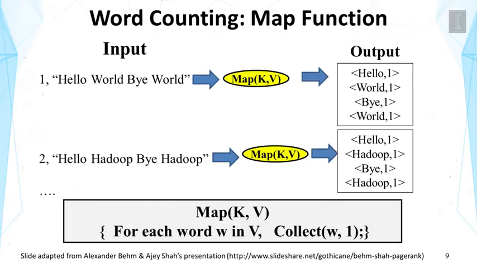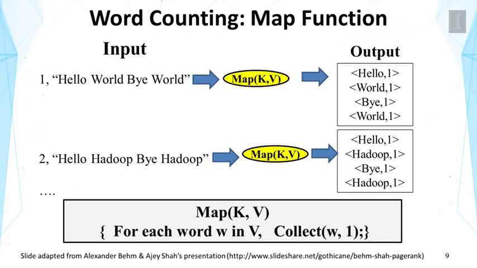We can parallelize on lines in this input file. More specifically, we can assume the input to each map function is a key value pair that represents the line number and the string on that line. The first line, for example, has a key of 1, and the value is "hello word by word", just 4 words on that line.